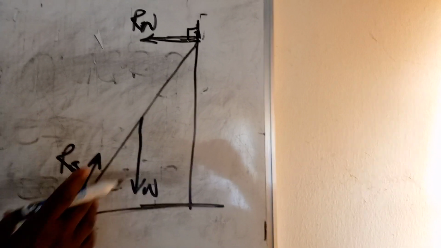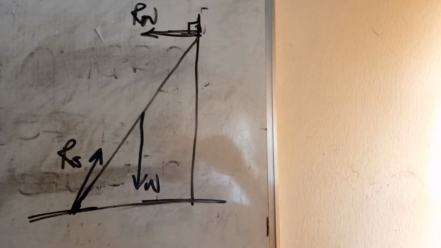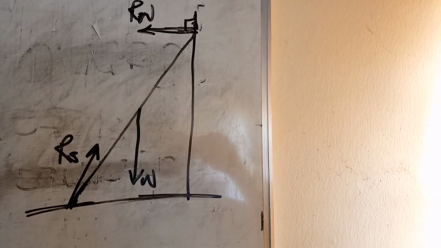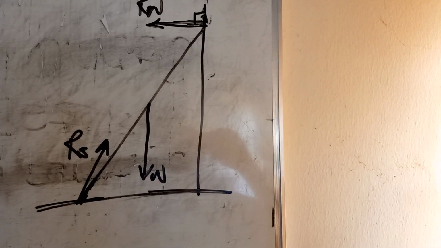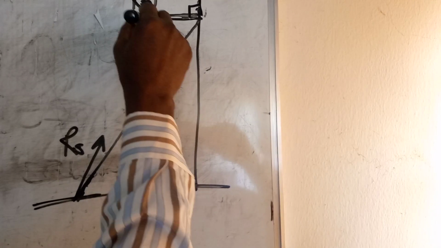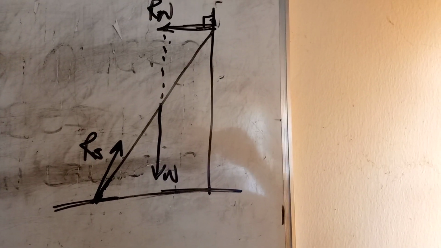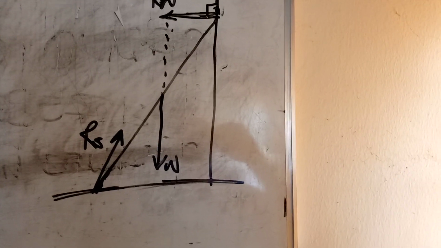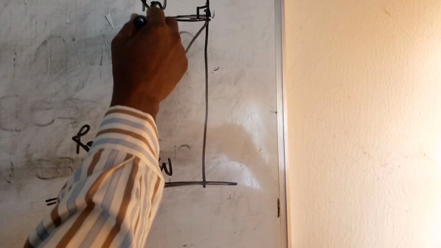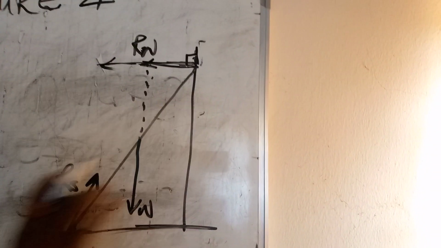Now, what we do is arrange the 3 of them: the reaction from the wall, the reaction from the ground, and the weight of the ladder, the way we did with the triangular method of resolution of forces for getting the resultant.